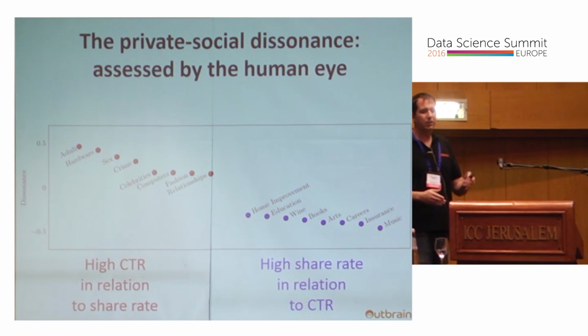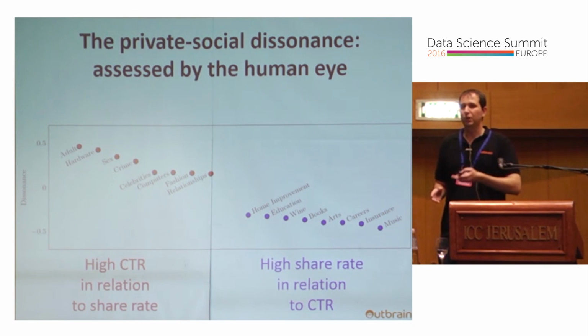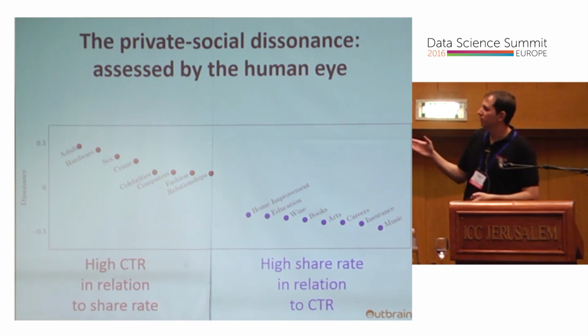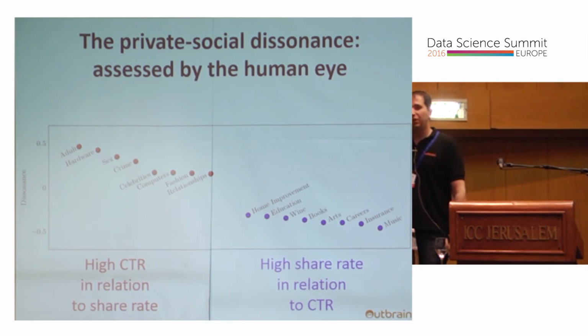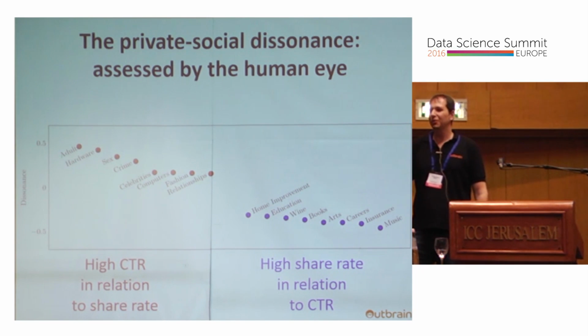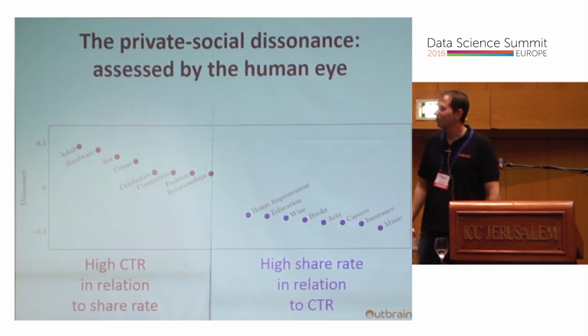What you see here is the content categories sorted from left to right, where on the left you have those categories with a positive dissonance. That means that they have relatively high CTR, but nobody shares them. And on the right you see the content categories that have the opposite. People share them quite a lot, but they don't read them quite as much.